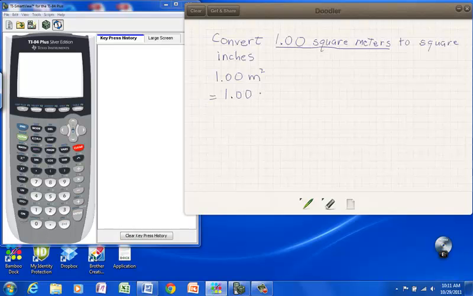For meters squared, we'll write meters times meters. I don't want to square the 1, just the meters were squared. And again, we're going to use unit fractions, so I'll put that over 1. Now I want to convert from meters to inches, square inches. Meters are metric, inches are American. Those are both distances.